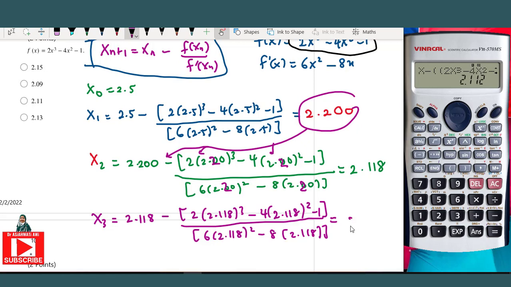The answer is 2.112. Rounded, this one is 2.12 and this one is 2.11, not equal. So proceed to the next step.